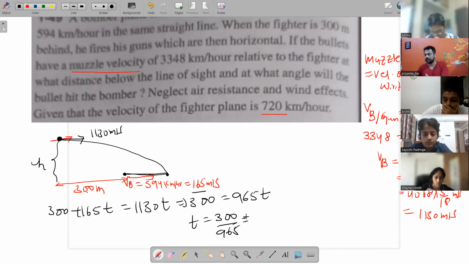Okay, let me use my calculator. That is 3.31 second. This much time it will take. So in this time, this bullet will come and hit the bomber.